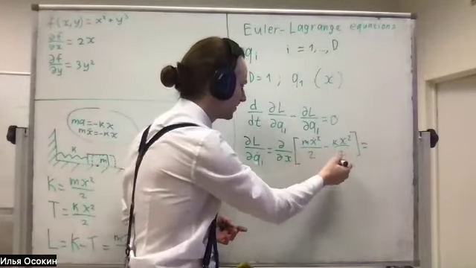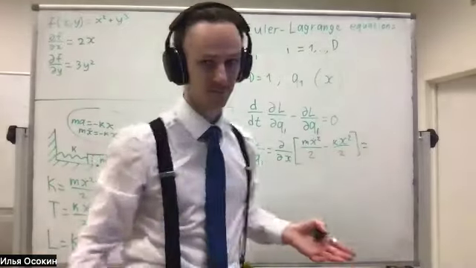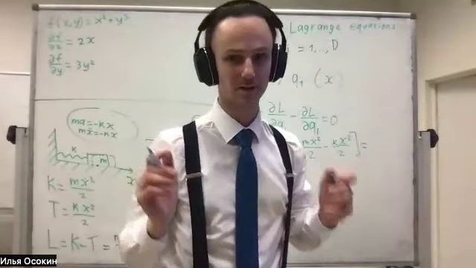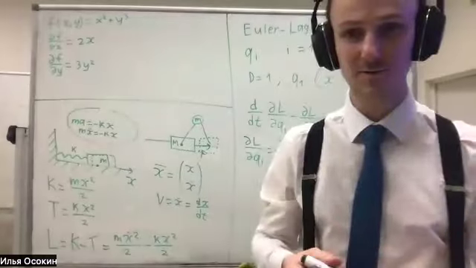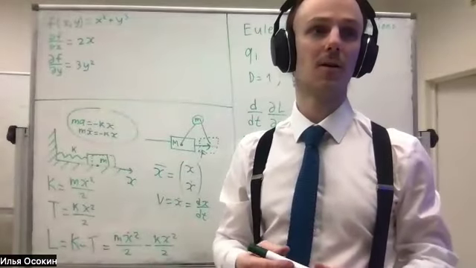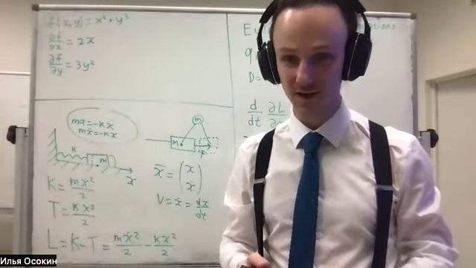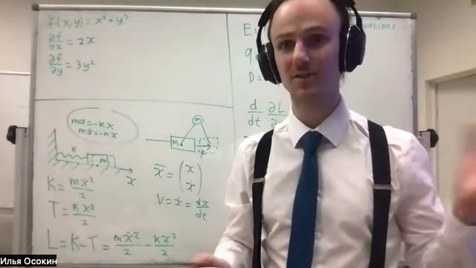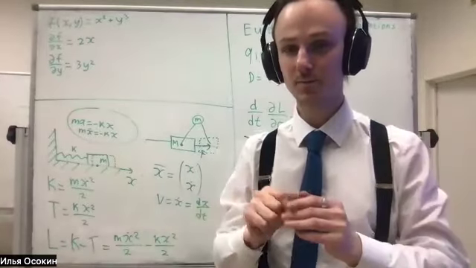So the second term doesn't depend on x dot. Now we are considering x and x dot to be two independent variables. Why so? You can ask, why is that?